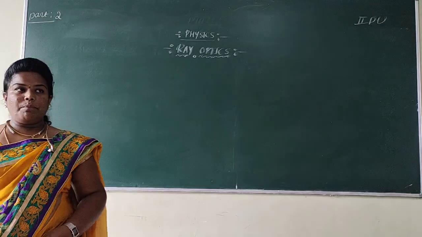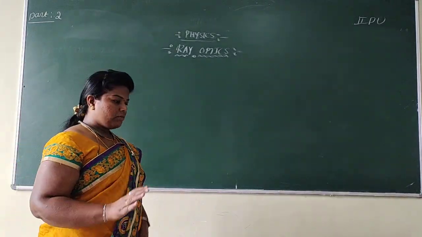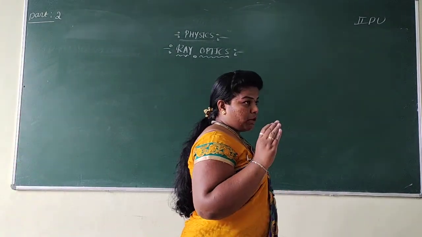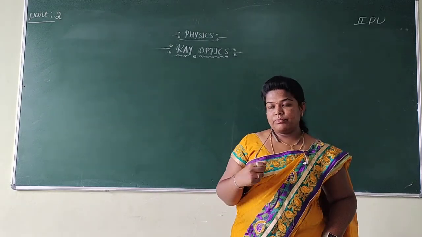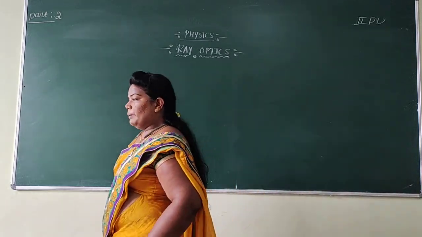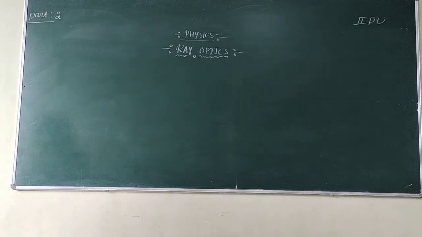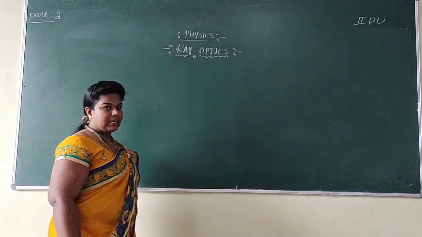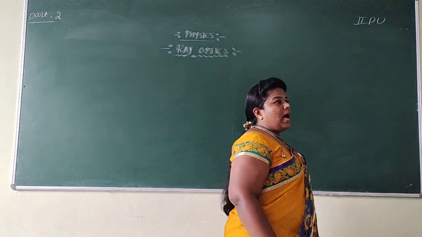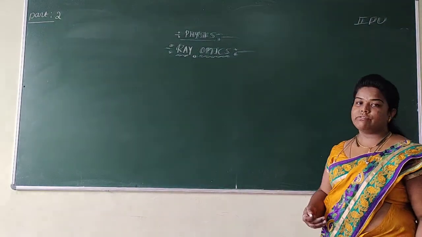Dear students, I hope you have all gone through the concept. Now open your notebook and try to write down the points. I am going to upload the PDF notes related to this ray optics in the Google Classroom. Just check it out and move on to writing the notes.